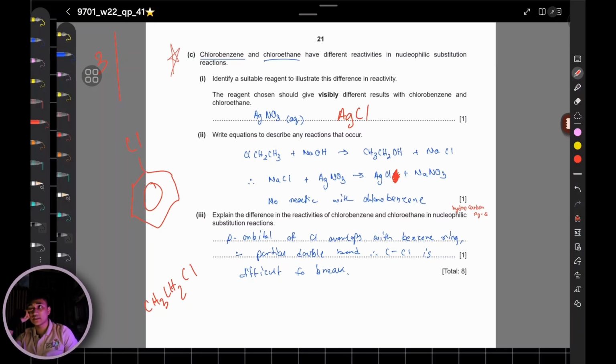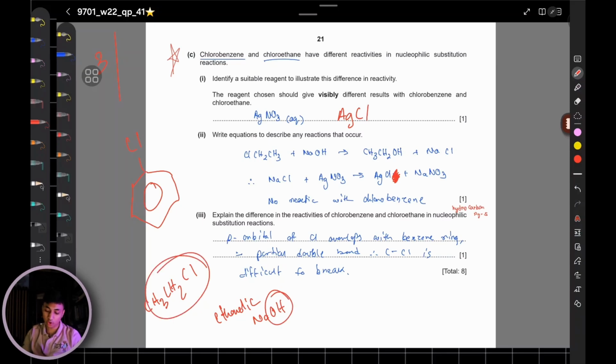And to be able to do that, you will have to first go through ethanolic NaOH added to this mixture, such that this Cl is substituted by OH, and you're going to form ethanol. And then the substituted chloride ion will react with Ag plus, forming AgCl.